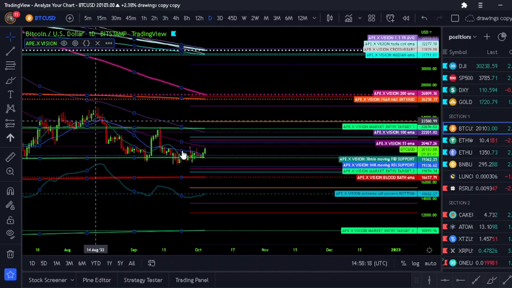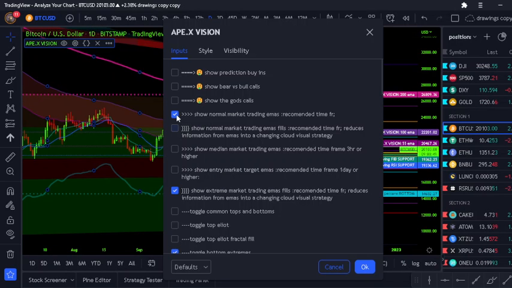But yeah, if you want to simplify it, what I do is I show fills. Turn on. This is how I like to trade without blowing my head out.